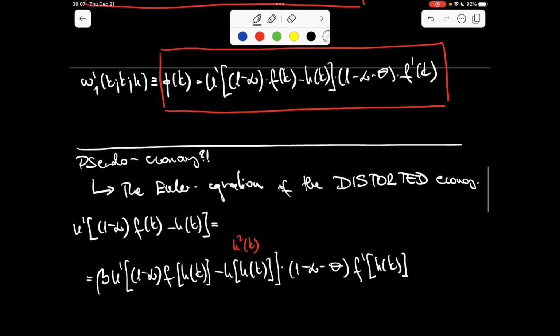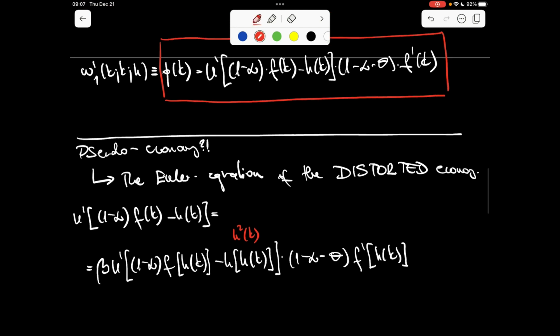All right, and let's try to find some patterns in this equation. So first of all, we have a special discount factor, and we seem to have a special production function. So these are the things we can realize.